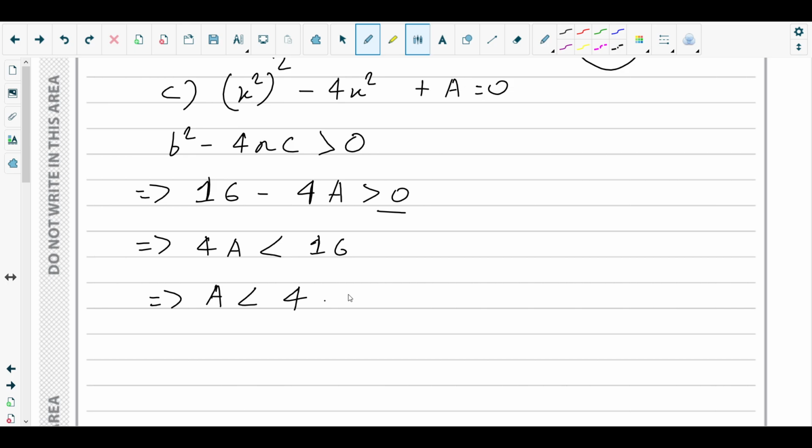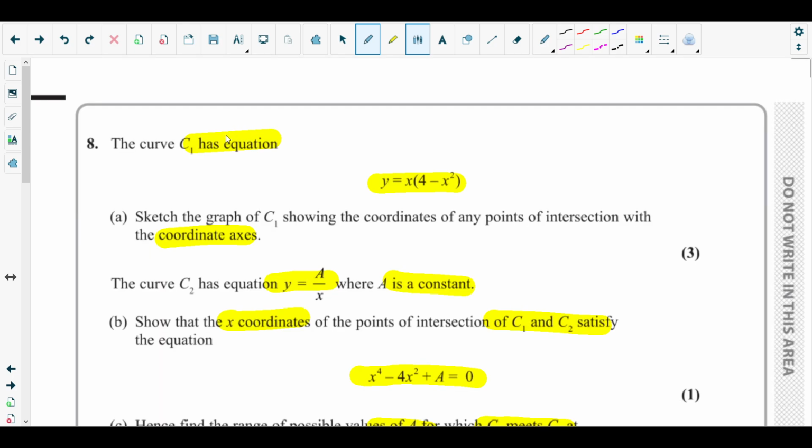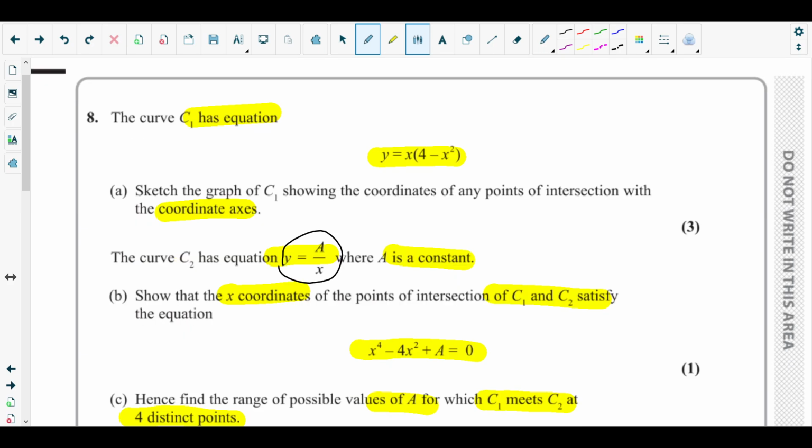But if the value of a is 0, then there will be no reciprocal equation existing, because y equals 0 and the equation a over x disappears.